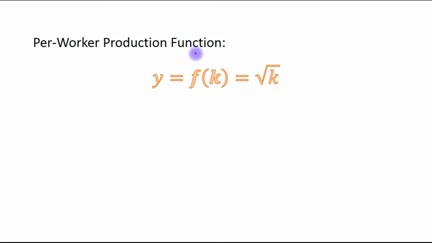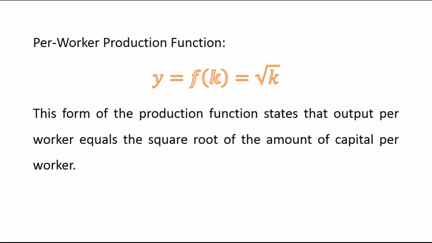Per worker production function is y equals F(k) equals root k, where y denotes output per worker and k denotes capital per worker. This form of the production function states that output per worker equals the square root of the amount of capital per worker.